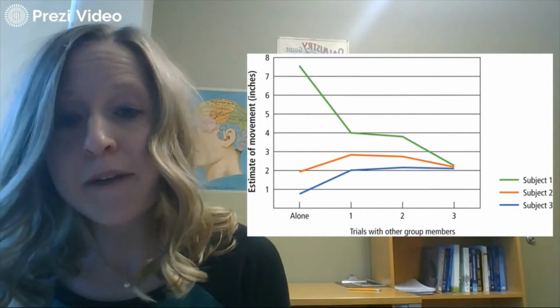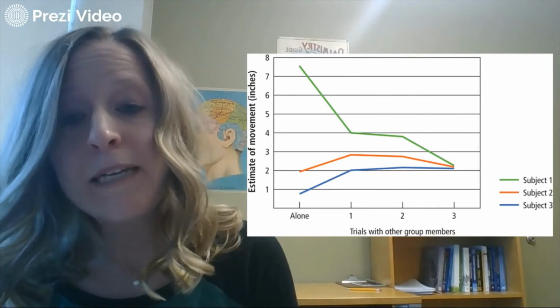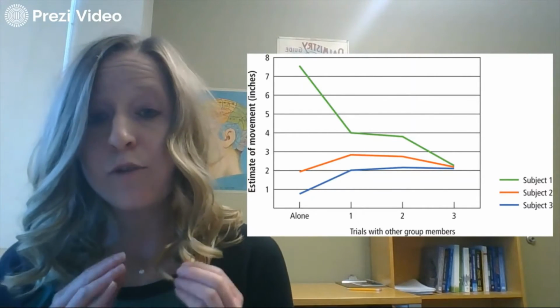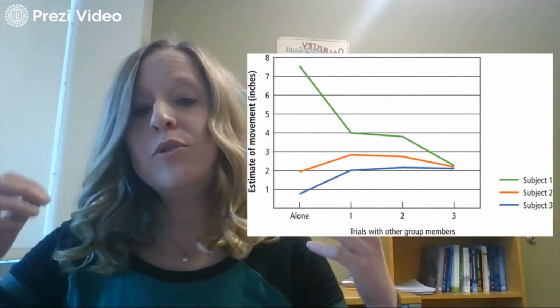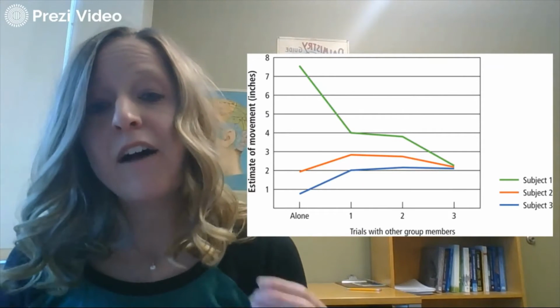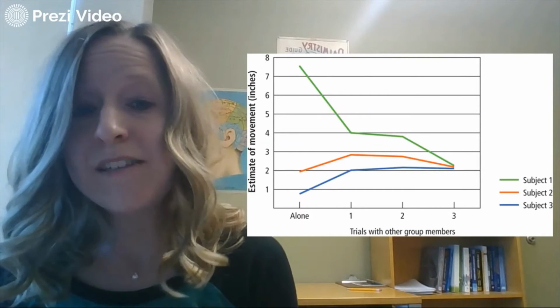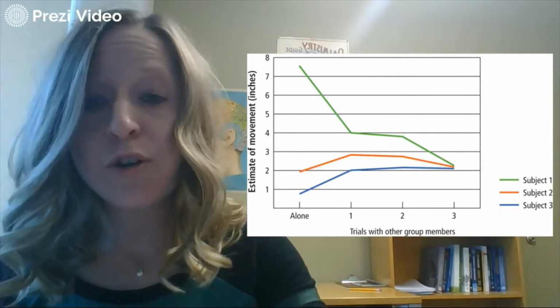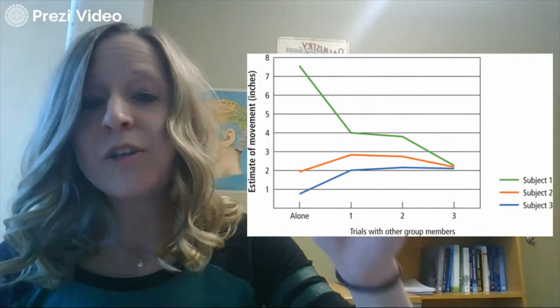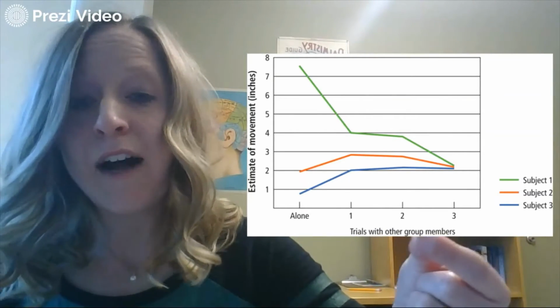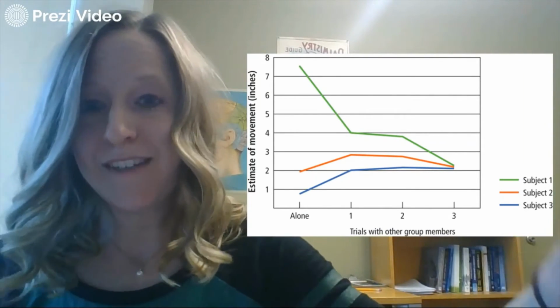But look at what happens when Sharif brought people together in the context of a group and asked them to state their estimates of movement out loud in front of the group. We see that in a short number of trials that people are modifying their estimates of movement.